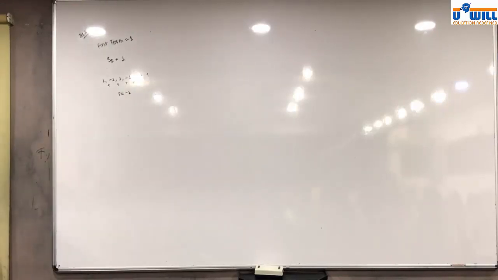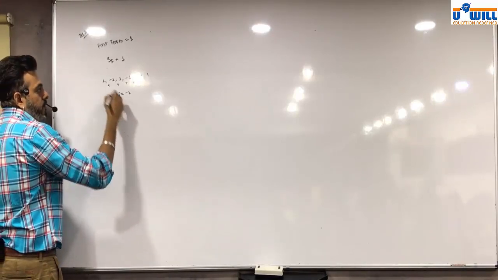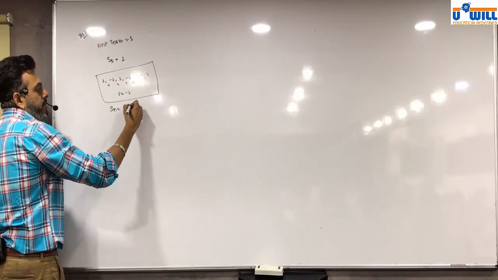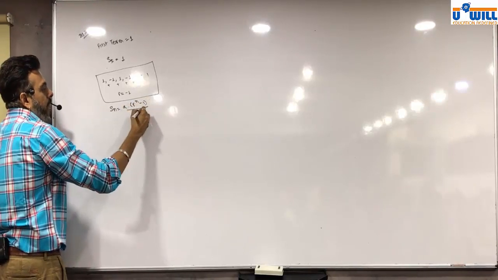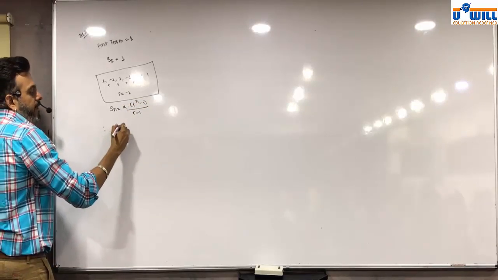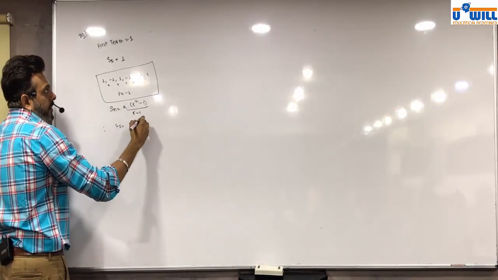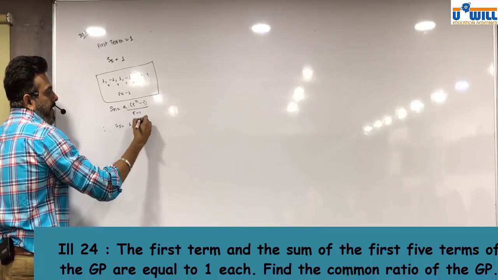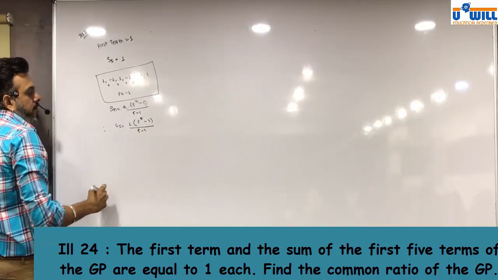You understood this? Now let's do it systematically. Let's write the formula. Sn is equal to, this is just for your understanding, A into R raised to n minus 1 upon R minus 1. Therefore, S5 is equal to A is 1, R is what we have to find out, n is 5, so R raised to 5 minus 1 upon R minus 1.